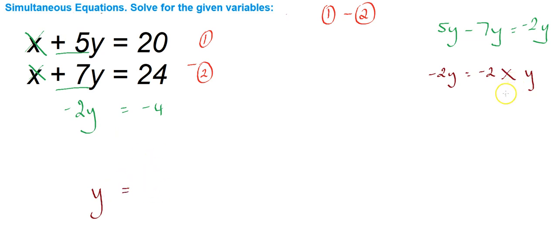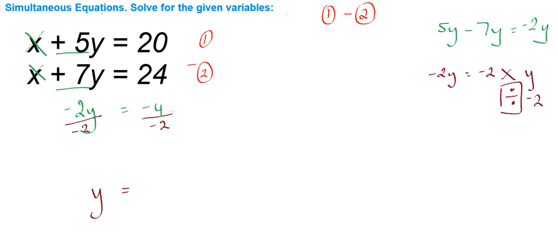The opposite of multiplication is to divide. And the opposite of multiplying by negative 2 is to divide by negative 2. In algebra, we don't really use the division sign like that. What we tend to use is the fraction bar, because that also means divided by. So minus 2y divided by minus 2. Got to do the same to both sides. That keeps the whole equation balanced.